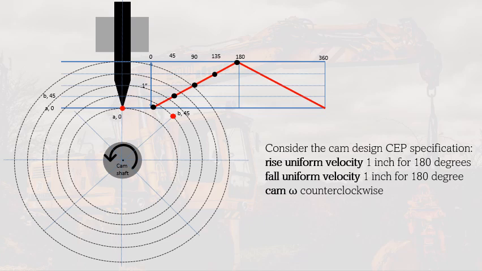And then we will also have the 90 degrees and its intersection with the 90-degree circle. Same also with 135 and finally for 180. So we're able to draw the trace points for the first half of this cam design specification.